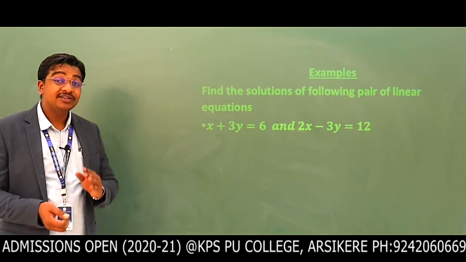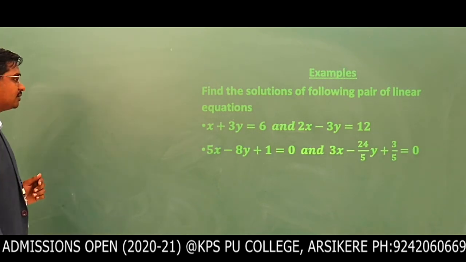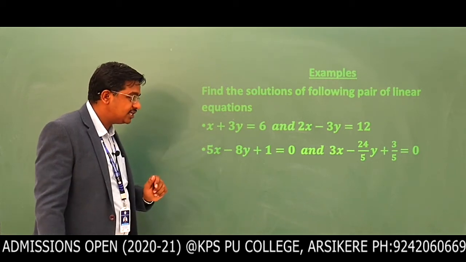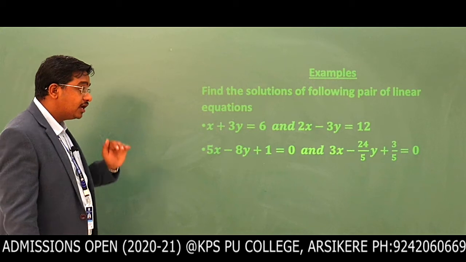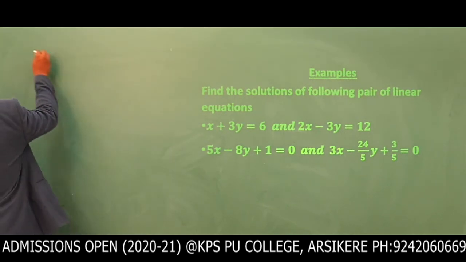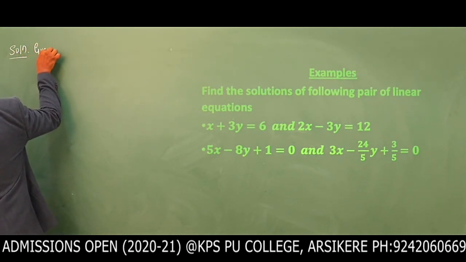Now let us discuss the second example. What are the equations here? 5x minus 8y plus 1 is equal to 0, and the second equation 3x minus 24 divided by 5 into y plus 3 divided by 5 is equal to 0. Solution: write the equations.